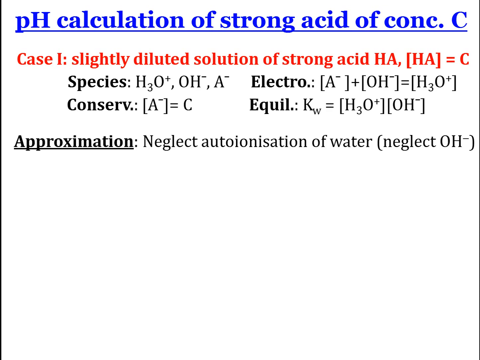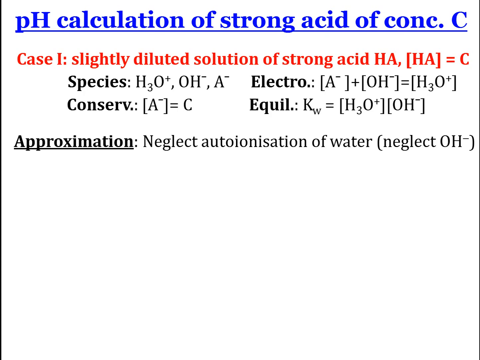Now we have to do the approximations. OH minus in the solution is provided by the auto-ionization of water. We don't have another source of OH minus. And since our solution is not highly diluted, it is slightly diluted, we can neglect OH minus.